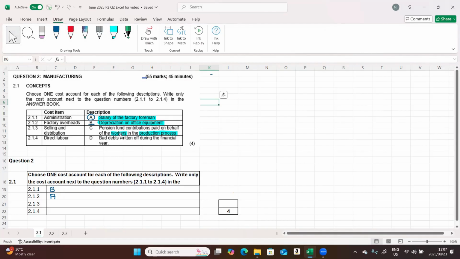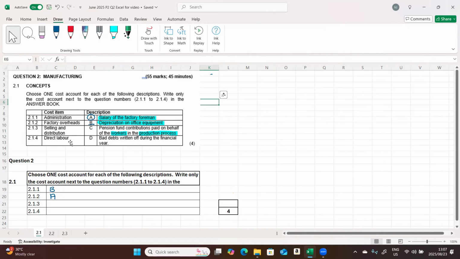So this specific worker, the pension fund contributions that we are paying, is for workers directly involved in the production process, guys. So when we pay our workers, even if it is contributions, when we pay our workers that are within the production process, then it's obviously direct labor.